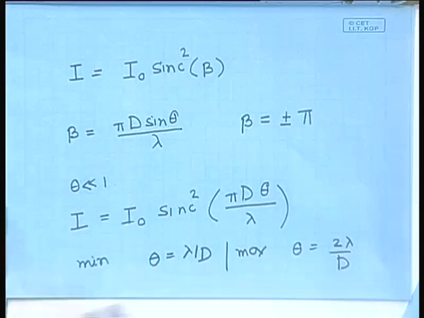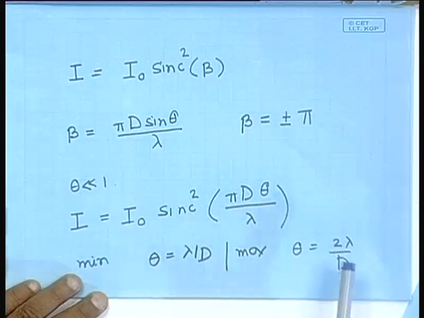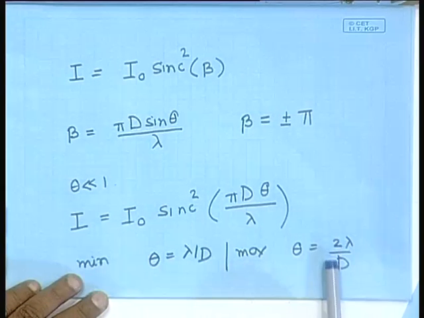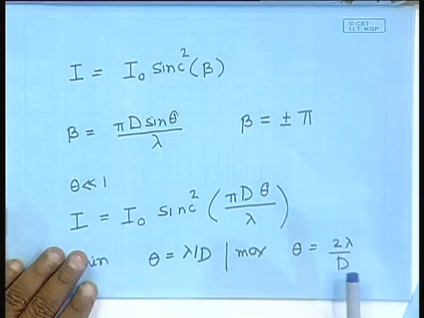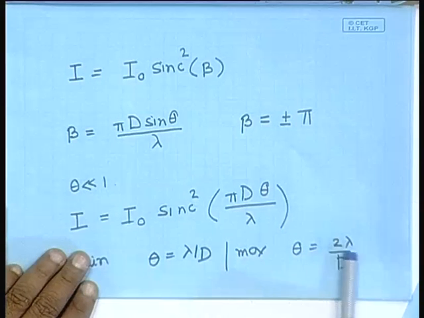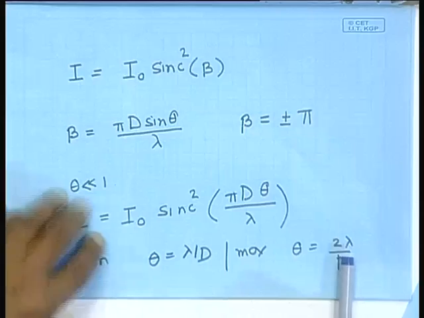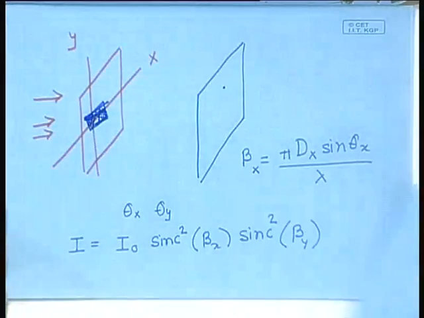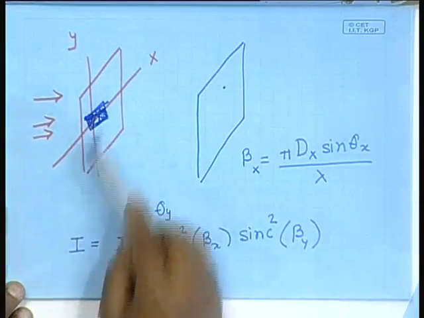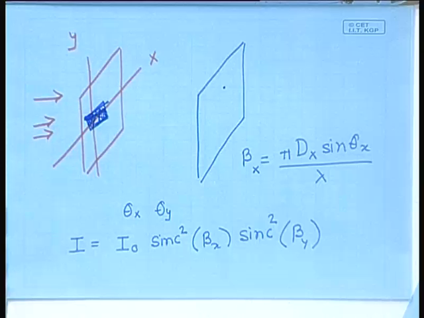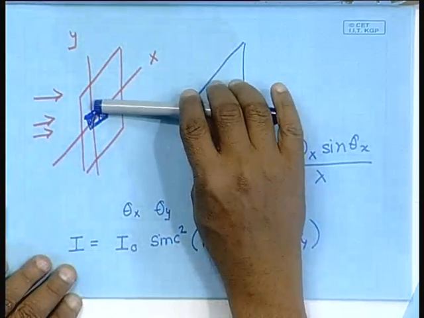So, the diffraction phenomenon is important. The importance of the diffraction phenomenon increases when I make the slit width smaller, and in such a situation the diffraction is going to be more prominent along the direction in which the slit is smaller.